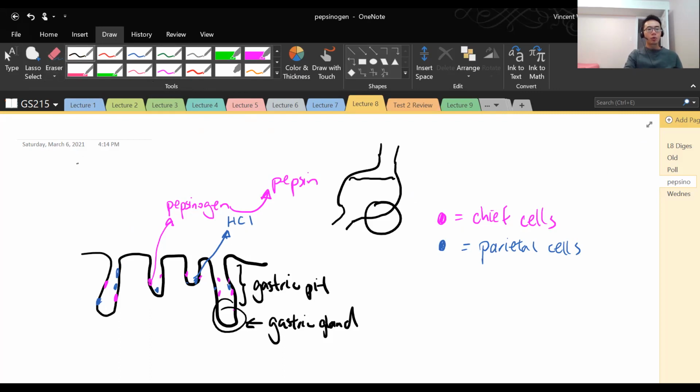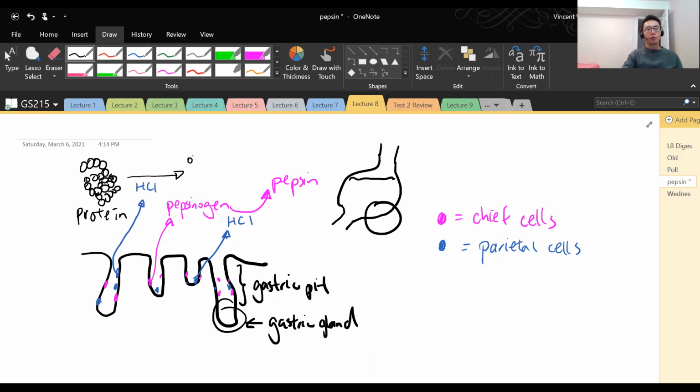So when you eat a protein, right? Protein, you probably should know by now, is a bunch of amino acids, and it's all folded up like this, right? All folded up. So this is some kind of protein. And then what happens is when it gets to the stomach, the hydrochloric acid from the parietal cell is going to denature the protein.